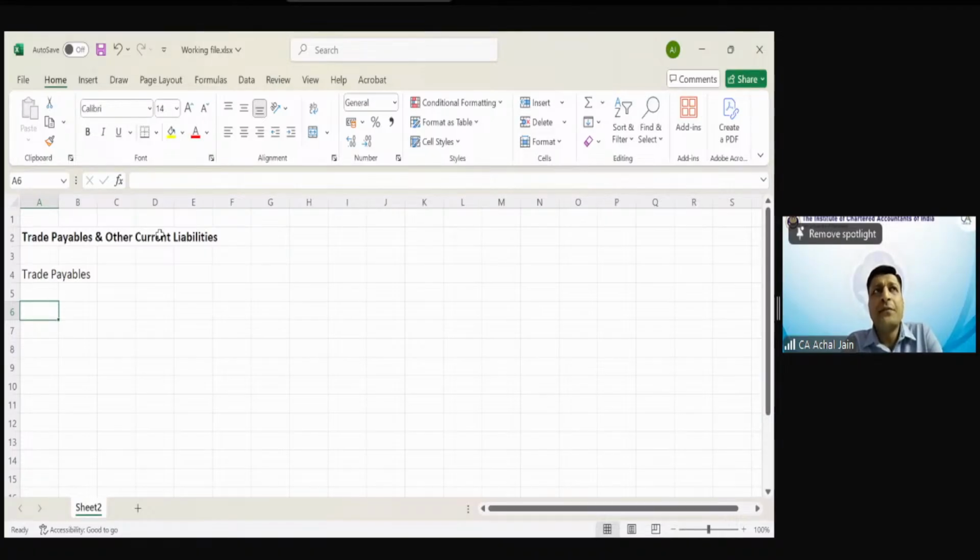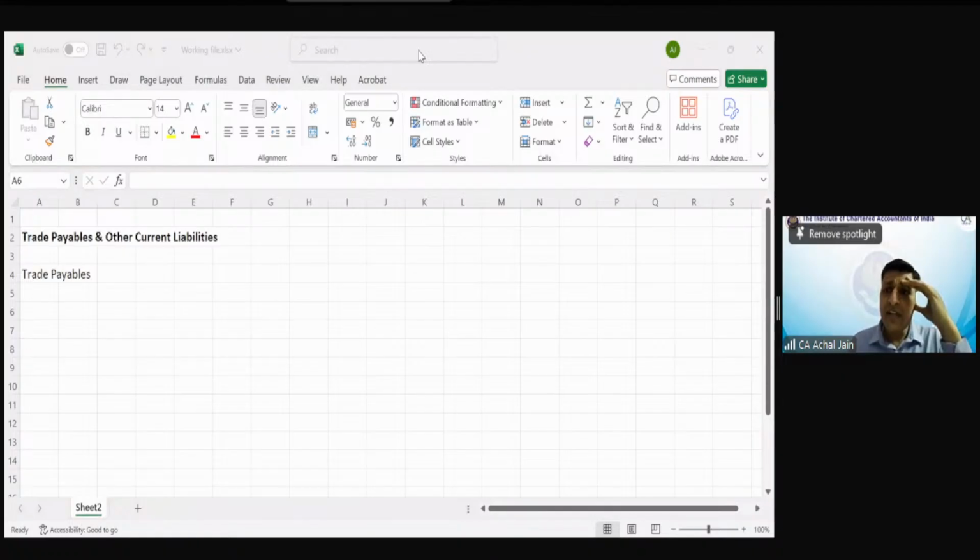We discussed that whenever such a procedure is involved in relation to any item in the balance sheet or in the P&L, that will always be considered to be of significant importance. So can you tell me what procedure that was, and what procedure you will generally associate with the trade payable as a significant one?